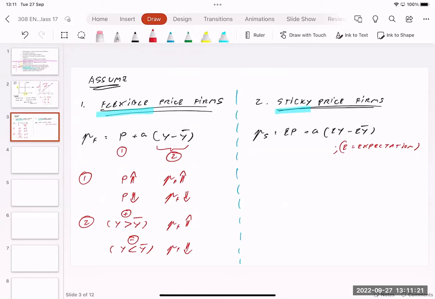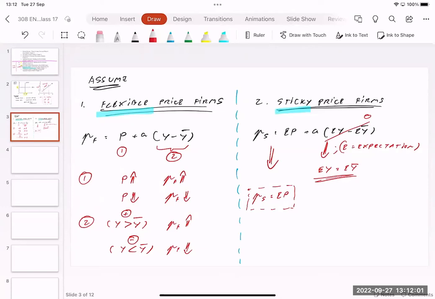In this case, we assume that firms normally think about the future, that expected GDP is always going to be at the full employment level. They always expect that the GDP of the country in the future always stays at the full employment level. If EY equals EY bar, this bracket is going to disappear, equal to 0. So in the end, we're going to have the equation that small ps equals EP. Okay, done. This is what we have.